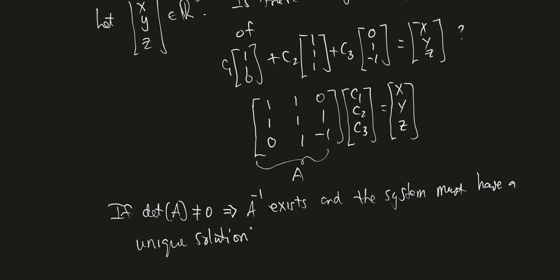How does that help us? It means that no matter what I put for x, y, z, I will always have a way of figuring out the scalars that satisfy my linear combination. Whatever I pick for x, y, z, which represents any vector in R3, if this coefficient matrix is invertible, then the columns form a basis for R3.